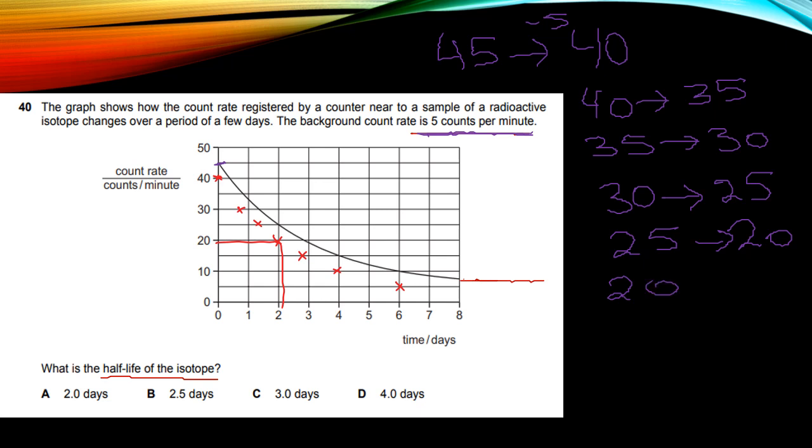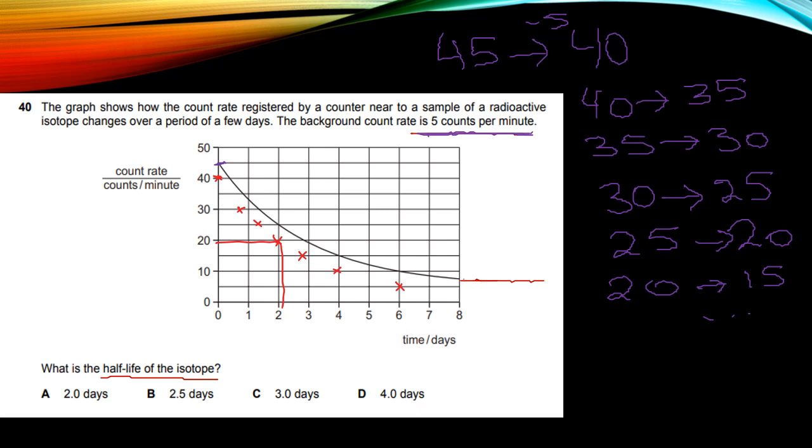And where 20 was on the graph, that's where 15 is going to be, and so on. So as you can see, I've plotted the points. 40 becomes the new 0. Then 35 is over here, and then 30 becomes here.